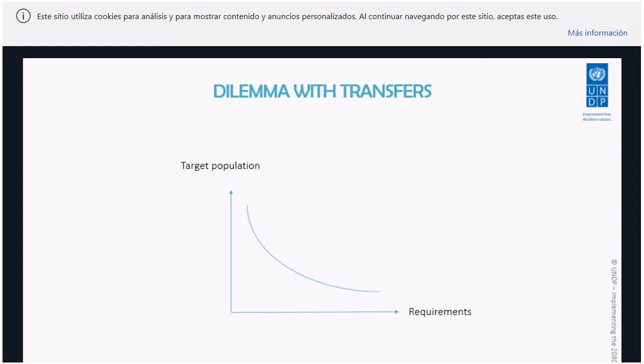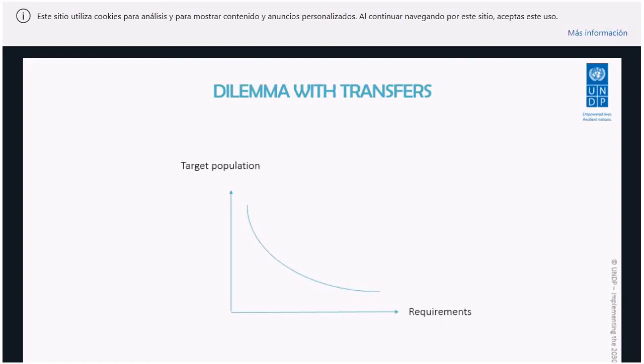So we have to know who is receiving the benefits and what the requirements are. And this brings us to this slide, which is the usual dilemma that we have to deal with regarding transfers, from the perspective of the policymaker, and also from the perspective of the practitioner who will implement the microsimulation, in order to understand this.